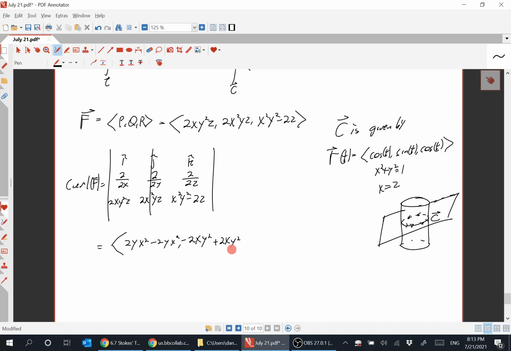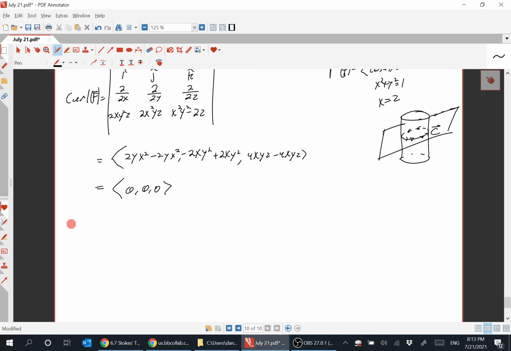So actually it's minus plus, but it doesn't matter, it's still 0. And the last coordinate is 2, so 4xyz minus 4xyz equals 0, 0, 0. So f is conservative.